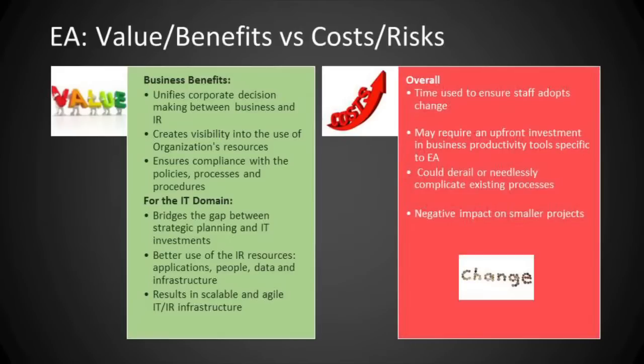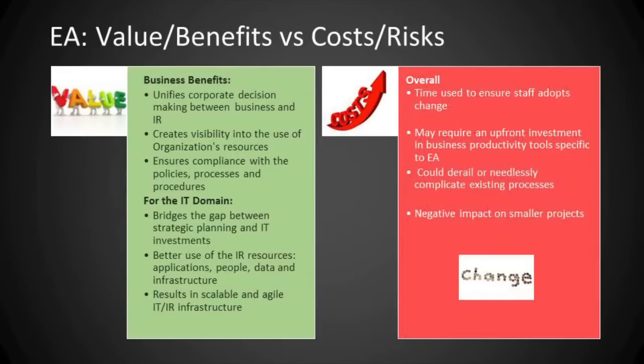Conversely, there are some risks, because with change, you will have risk. And just highlighting a few of the risks, there aren't many, but in the initial implementation, you lose time. The time in having staff ramp up to adopt the new change and the learning curve involved in that.